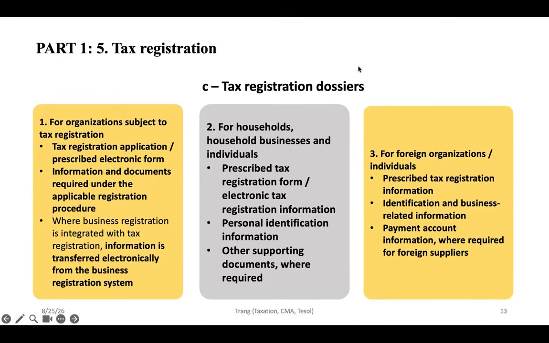For foreign suppliers, they are also required to provide their payment account information when necessary. To sum up this slide, the key takeaway is that the type of documentation you need depends entirely on whether you are a corporate operation, a regular individual, or a foreign provider.